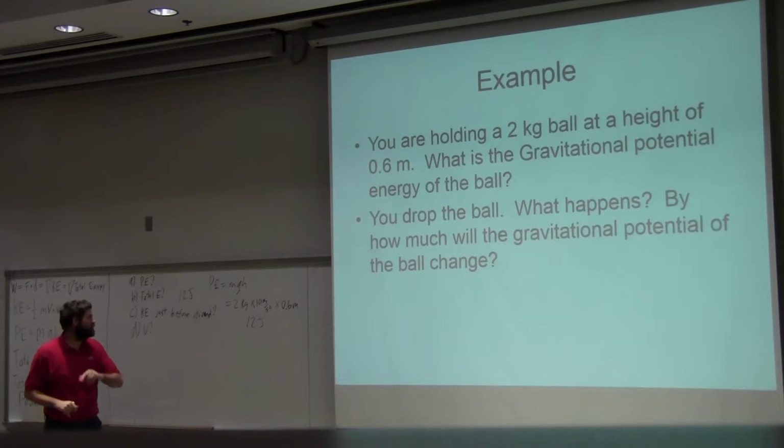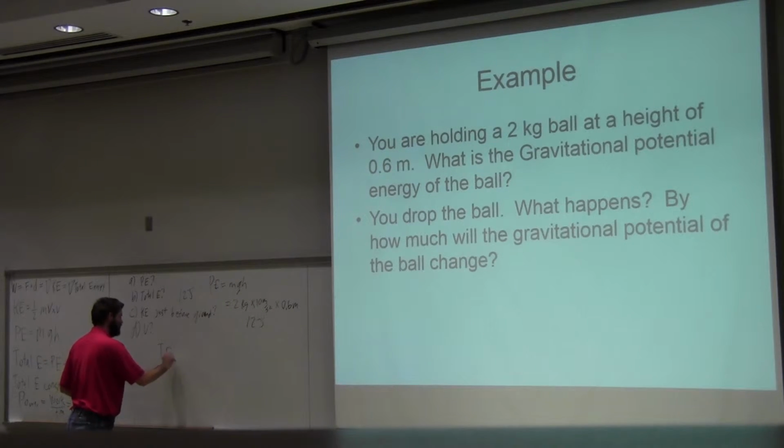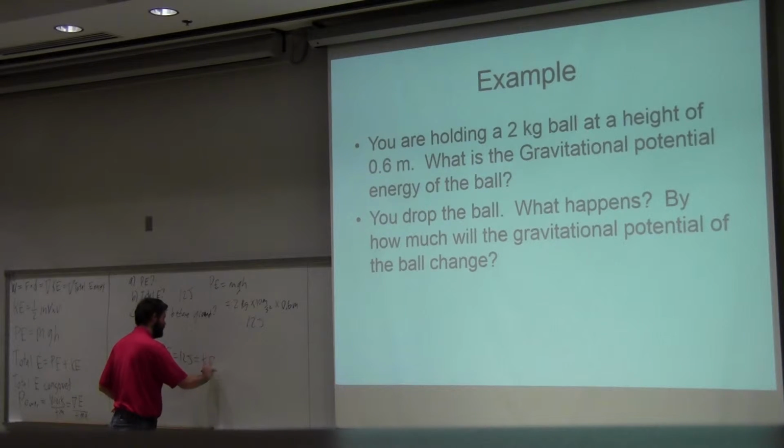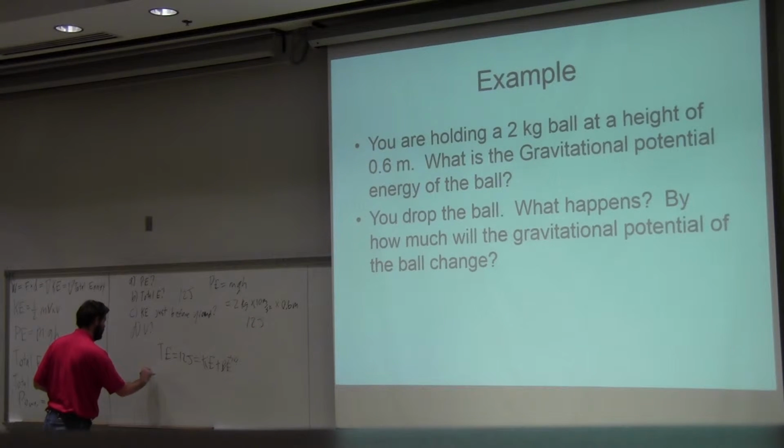How much kinetic energy do I have just before it hits the ground? In this case, I'm going to always set up the full equation when in doubt. Total energy equals 12 joules equals KE plus PE. In this case, my PE is going to be 0. So that means my kinetic energy is going to be 12 joules. So 12 joules equals 1/2 mv squared.